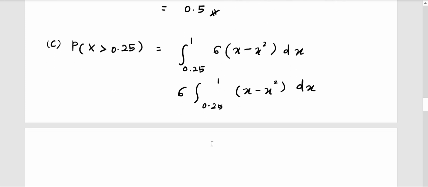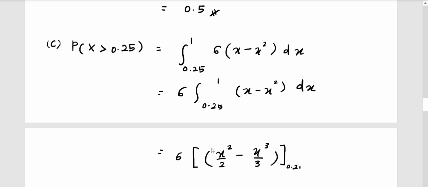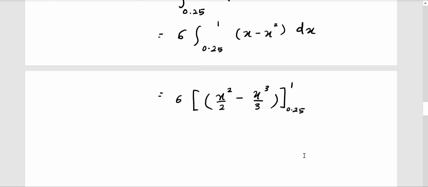You get x squared divided by 2 minus x to the power of 3 over 3, from 0.25 to 1. The upper limit is 1 and the lower limit is 0.25, so the upper limit must minus the lower limit.